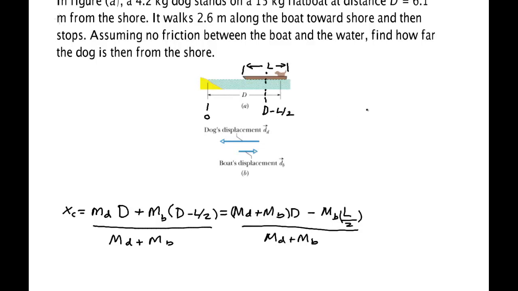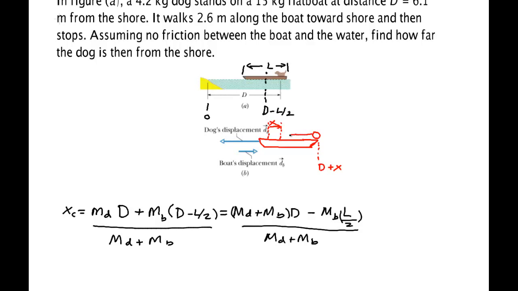So the boat's going to move. Let's say it's right here, and the boat moves over like this, and it moves some distance. So it's not here anymore. It's moved a distance x. The dog, whose initial location was d, would now be at d plus x, because the whole boat moved over.